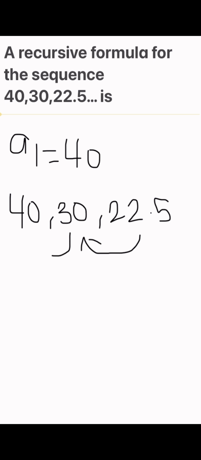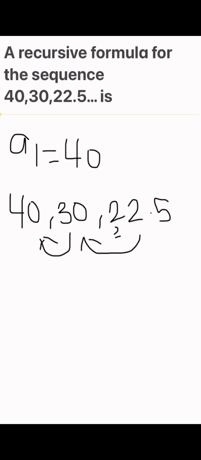If it's geometric, when you divide the first number on the right by the second number, and then you divide the second number by the first number on the left, and you get the same ratio, it will be geometric. So let's try that.